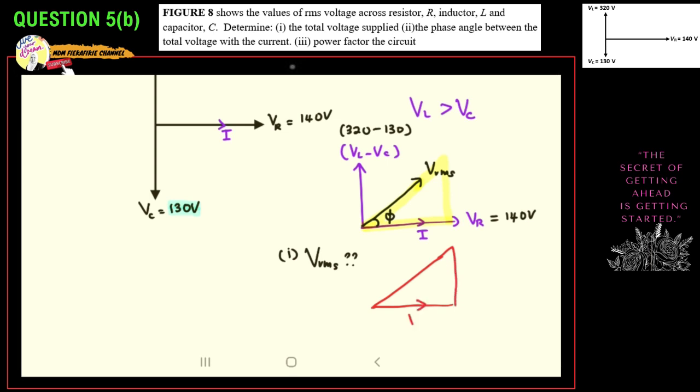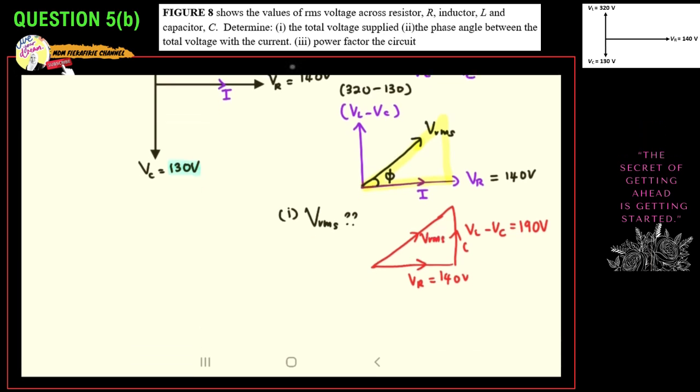Sekejap. So, ini adalah VR, which is 140 volt. And here is VL minus VC, okay, which is 320 minus 130, and it's equal to 190 volt. Alright, and here is VRMS. Okay, so it's actually a hypotenuse.